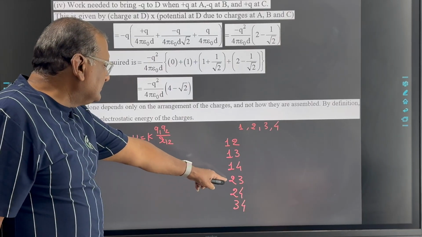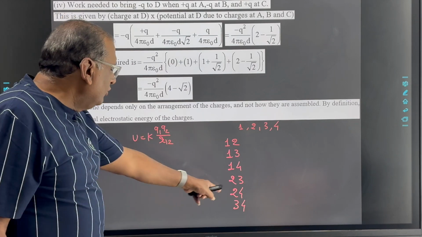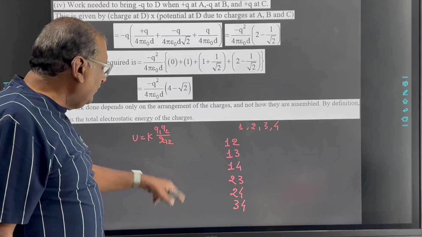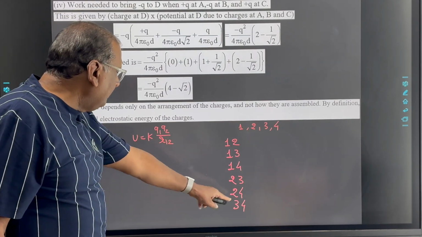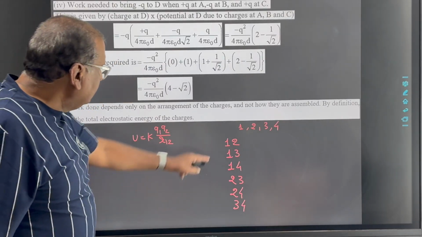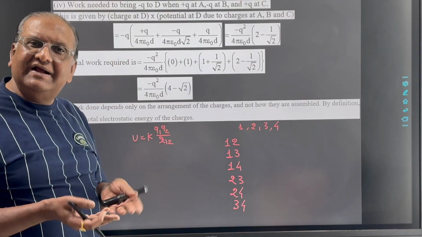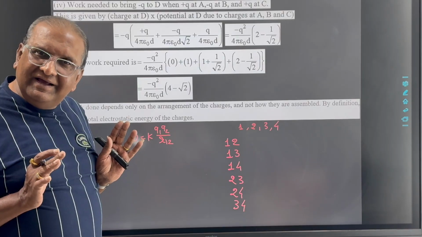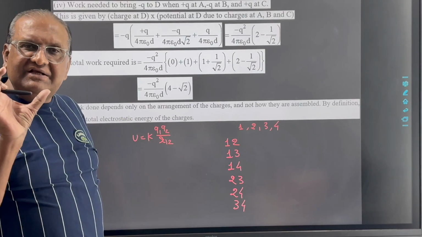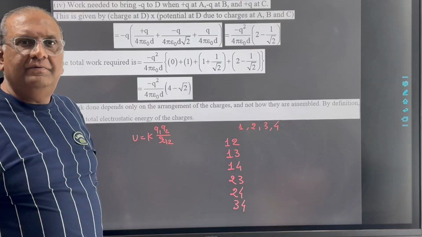Then for this one, Q2 Q3 upon R23. Then Q2 Q4 upon R24. Then Q3 Q4 upon R34. And then after substituting these distances, you will get the resultant potential energy, right? So in very short you can solve the problem. Clear to all of you?